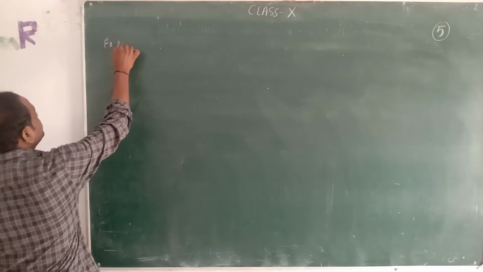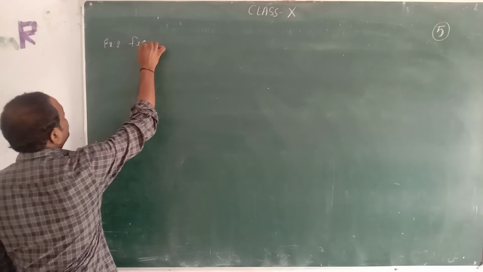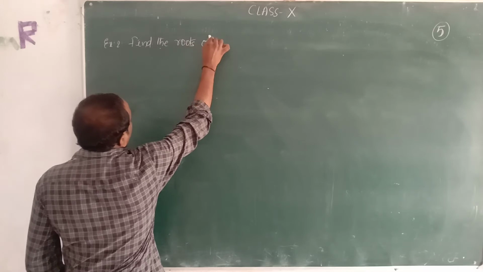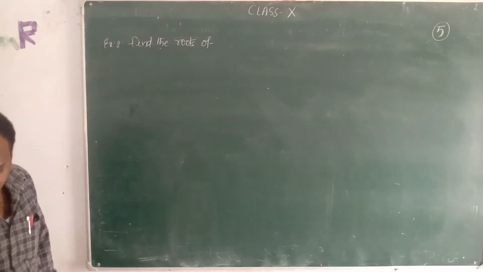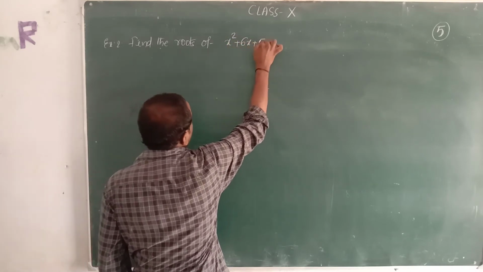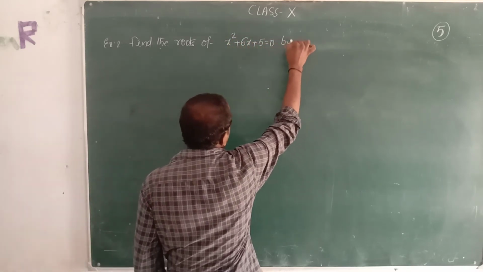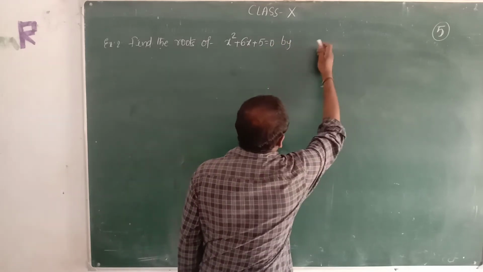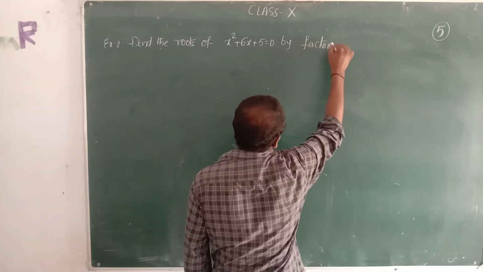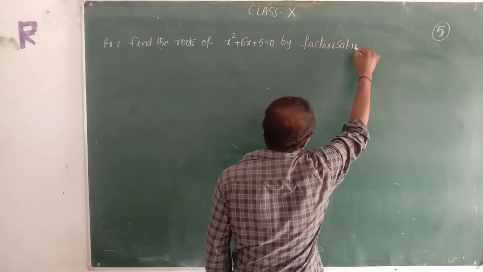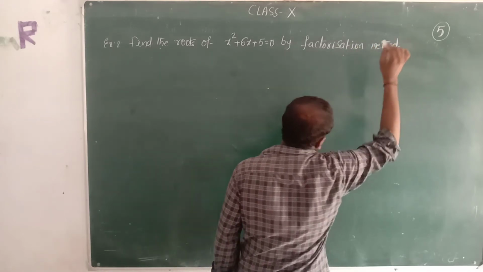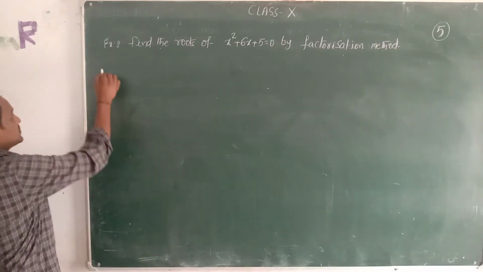Example 2: find the roots of x square plus 6x plus 5 is equal to 0 by the factorization method. So, the solution for that.